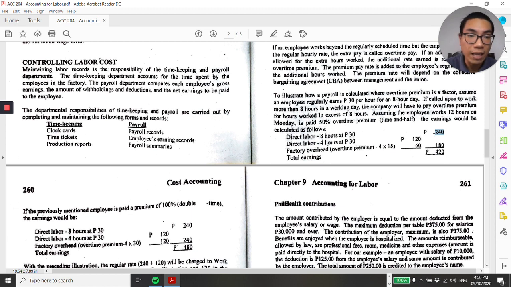With 4 hours of overtime and a basic pay of 30 per hour, that amounts to 120, 4 times 30. And the overtime premium is what gets charged to factory overhead.